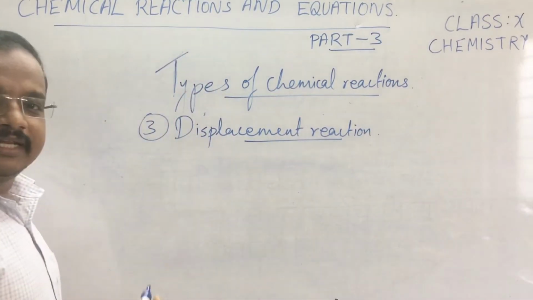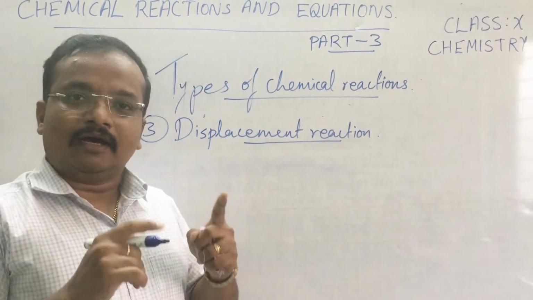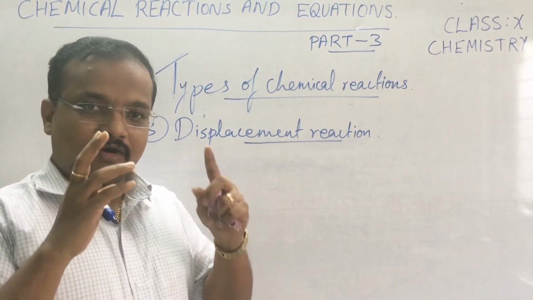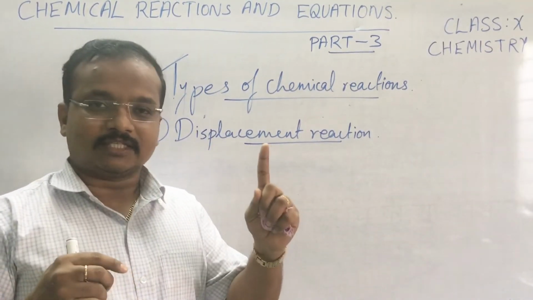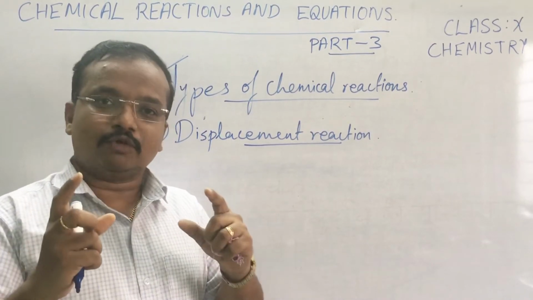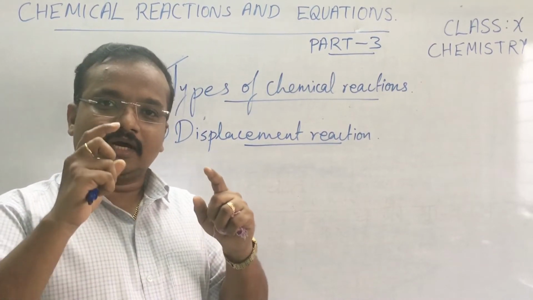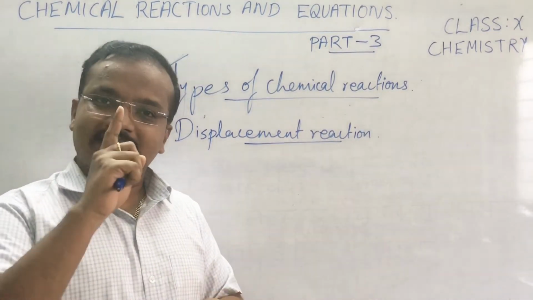The first two we have learned: one is combination, where two or more substances combine to form a single substance, and in decomposition, two or more components are formed from a single substance.